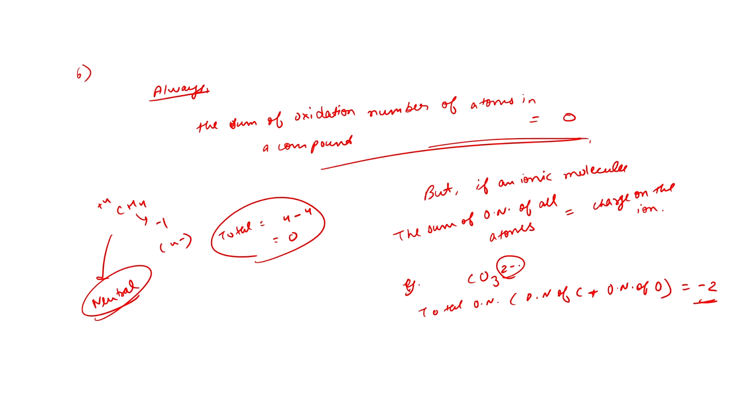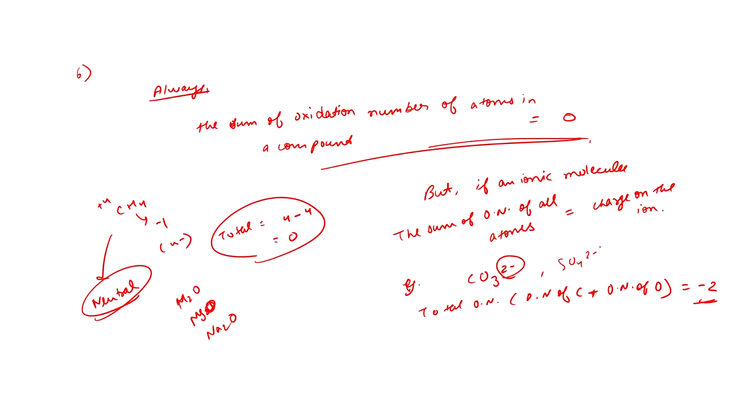Whereas CH4 has 0 charge. Let us say H2O 0 charge, MgO 0 charge, Na2O 0 charge. So, the sum of oxidation numbers of all the elements in any compound should be equal to the charge on that molecule. For neutral molecules, we have 0 charge. If an ion is present, for example, carbonate, for example, sulfonate, the sum of oxidation numbers of all the elements in the ion should be equal to the charge on the ion.